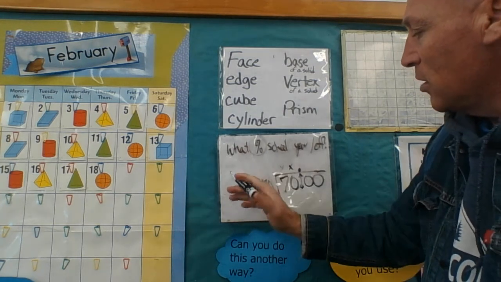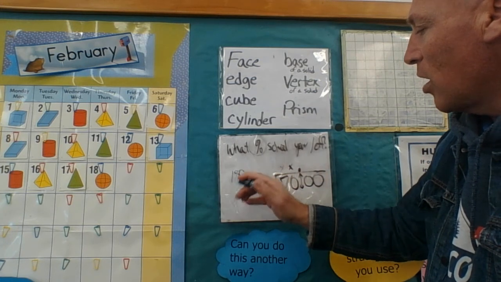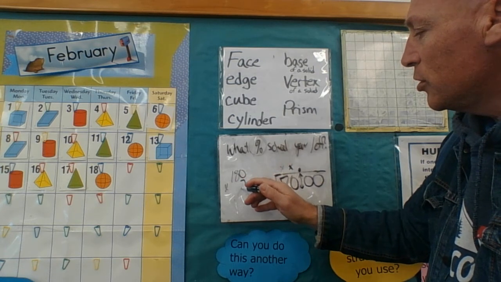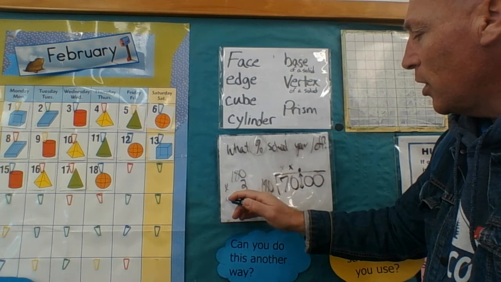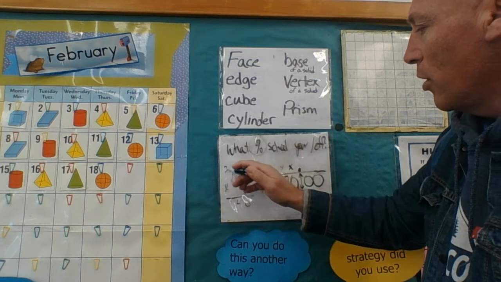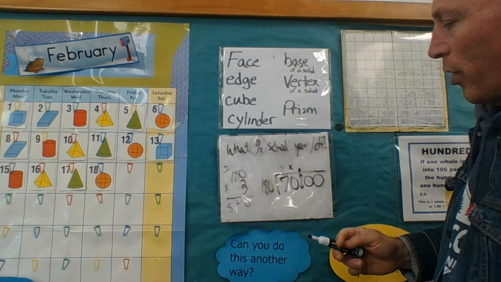I'm going to erase this, and on our side piece of paper, so we don't mess up here, let's take 180 times 2. Or no, I said 3. 180 times 3. 0, 24, 3, 4, 5. So that's 540.